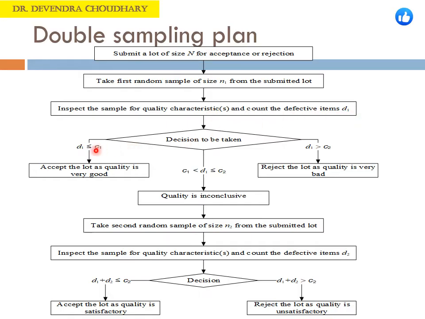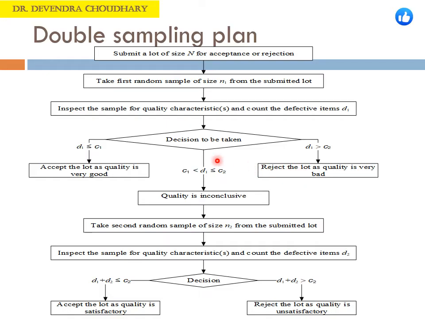Now, if the defectives found in sample 1 are less than or equal to the acceptance number C1, the lot is accepted. If the defectives found in the first sample are more than the second acceptance number C2, the entire lot is rejected.